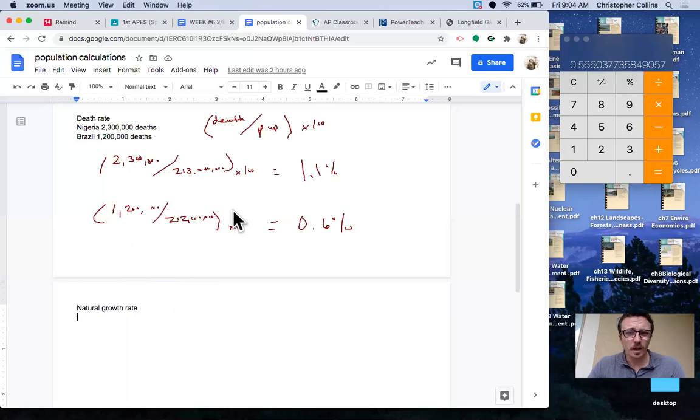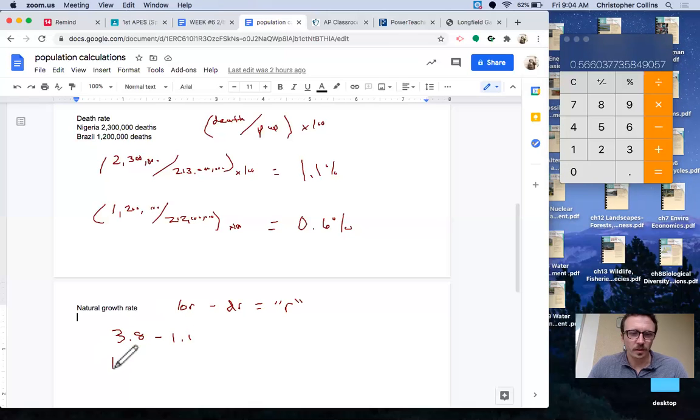All right. And so for natural growth rate, it's really easy. Once you have birth rate and death rate, you can simply take the birth rate, which we already calculated, and subtract the death rate, right? Percents, and then boom, you're going to have our natural rate of growth. Okay, so our birth rate for Nigeria was 3.8%, and the death rate was 1.1.